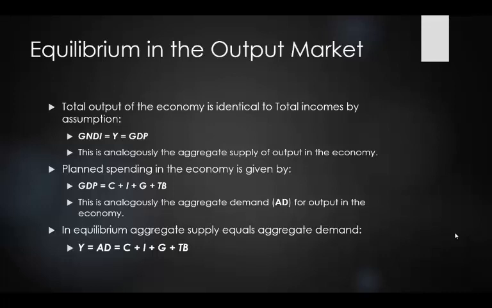And GDP is given by the total planned spending in the economy, or what we will now technically call aggregate demand, AD, which comprises consumption, investment, government, and the trade balance.